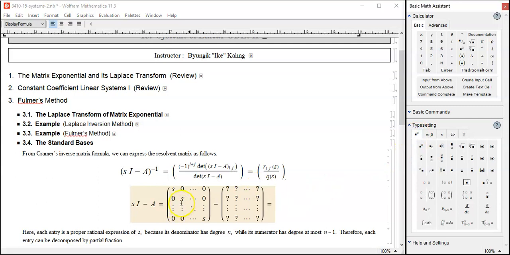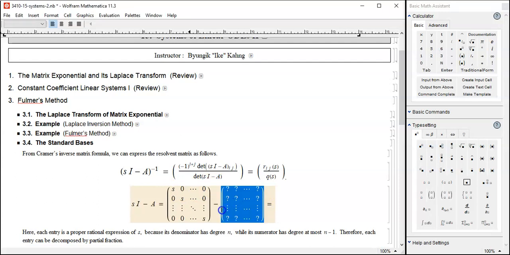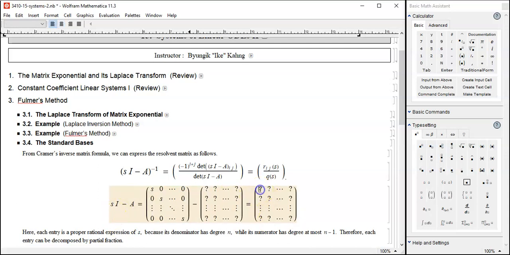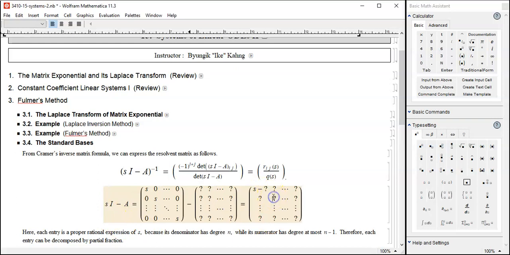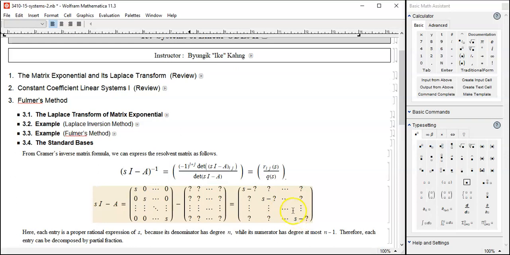So if I take the determinant, I have to subtract this. So basically I have s, no, let me copy and paste and take one more step. Subtracting, so s minus that, and all those are going to be s minus. You're going to get this kind of pattern here.